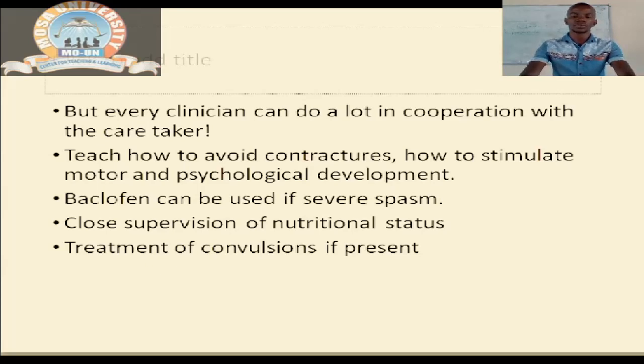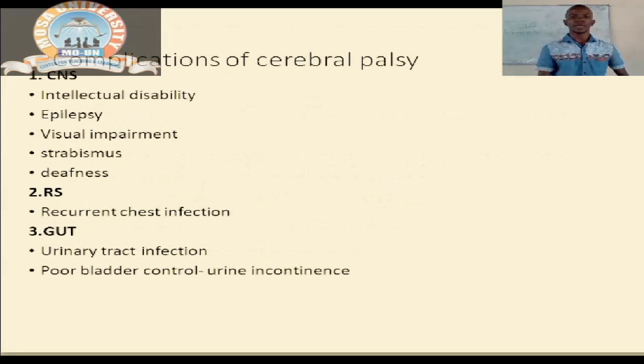Baclofen is from a class of drugs known as skeletal muscle relaxants. Close supervision of the nutrition status is going to help us in better recovery of our patient. And if our patient is convulsing, we want to ensure that we treat the convulsions as they come. That is basically how we are going to manage cerebral palsy.